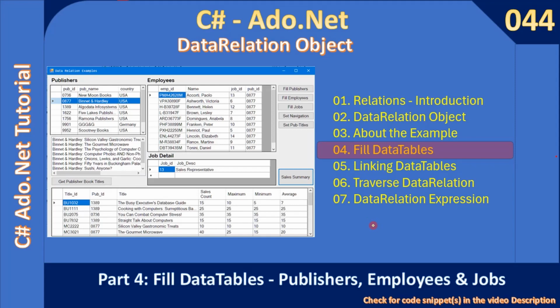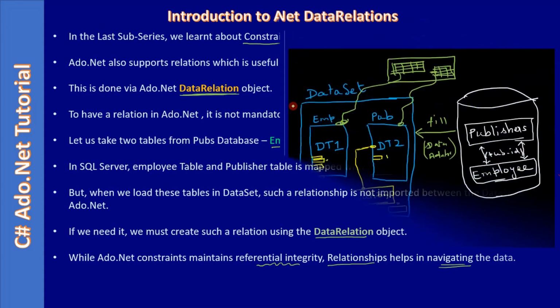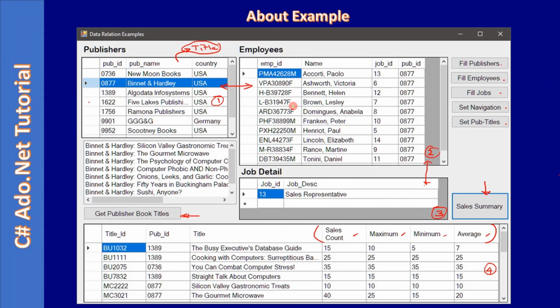In this video, we will fill the data tables publishers, employees, and jobs. That means here we are going to implement the fill publishers, fill employees, as well as fill jobs buttons.